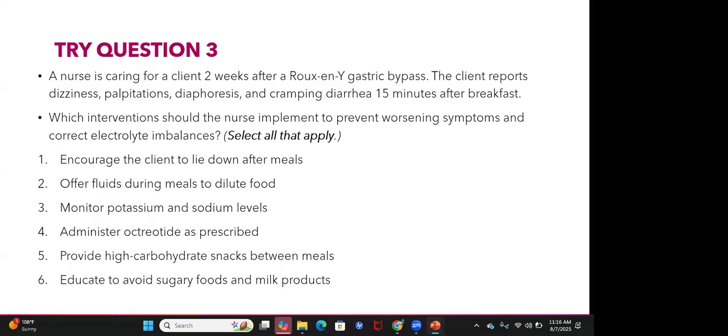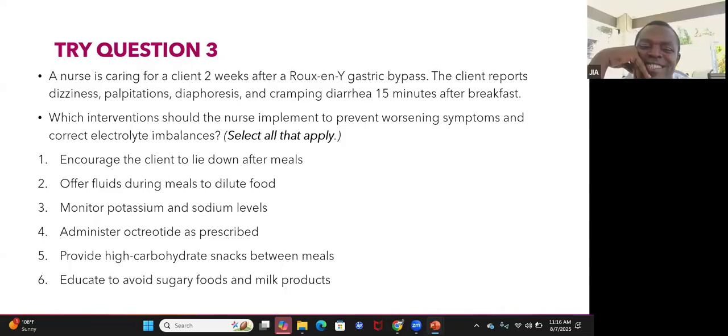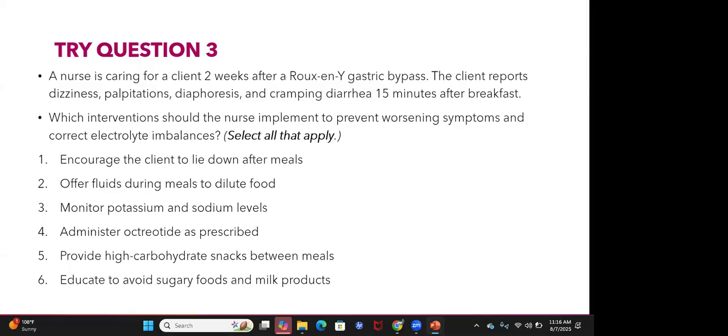Administer octreotide as prescribed. 5. Provide high carbohydrate snacks between meals. 6. Educate to avoid sugary foods and milk products.